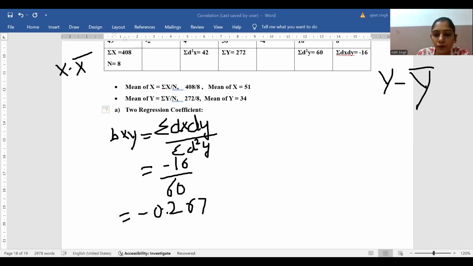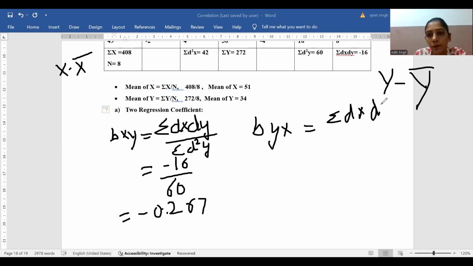Now let's calculate byx. The formula for calculating the regression coefficient byx is similar: sum of dx dy divided by sum of d square x.